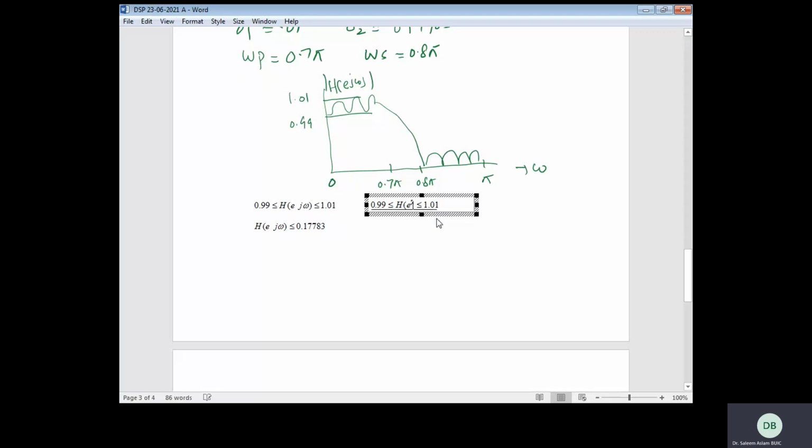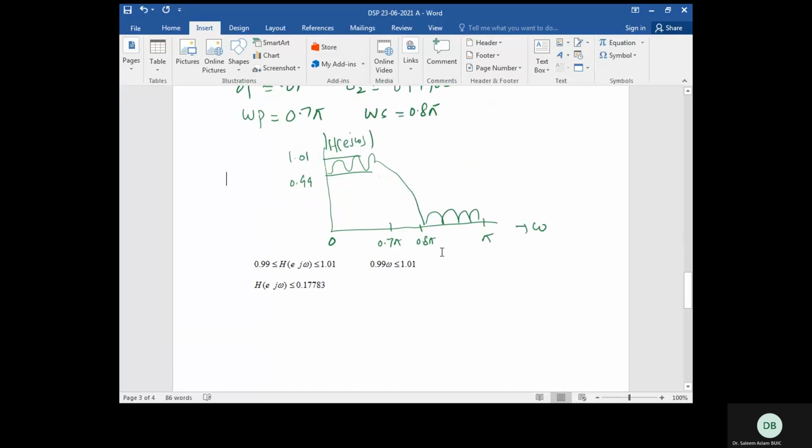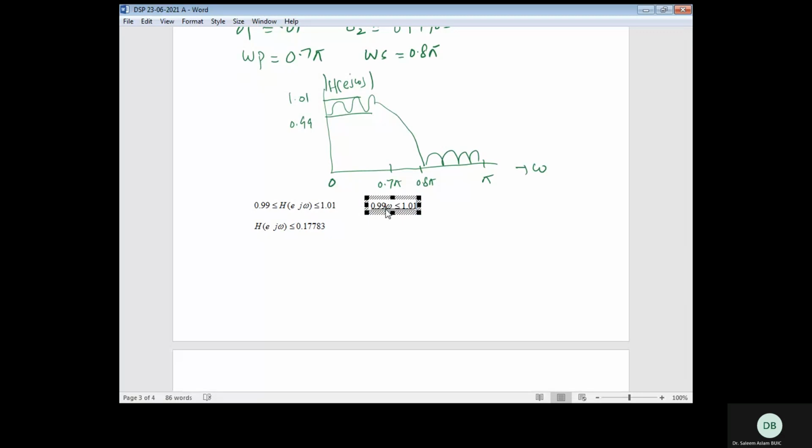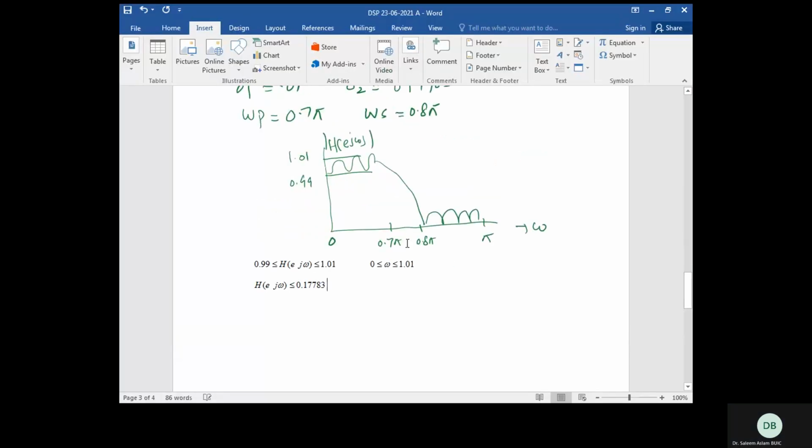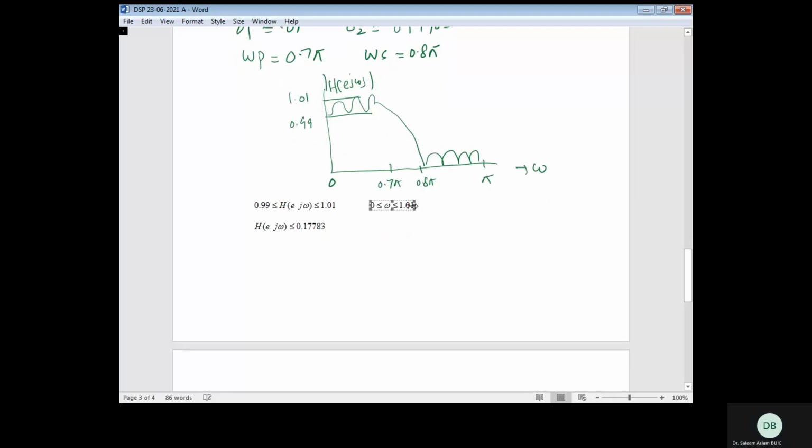So you can consider that omega should be greater than 0 and it should be less than 0.75.